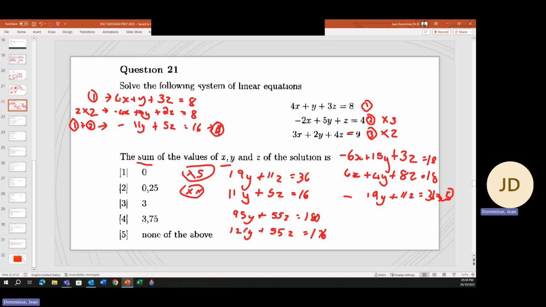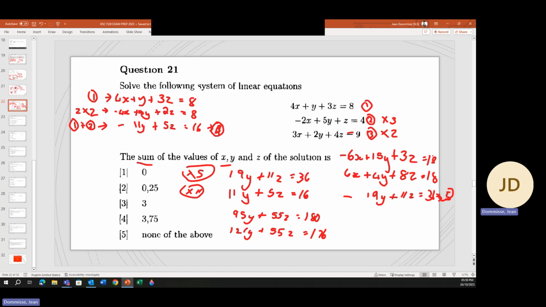That disappeared. Plus that is 11, is 5, that is 16. 3, 15, 3.